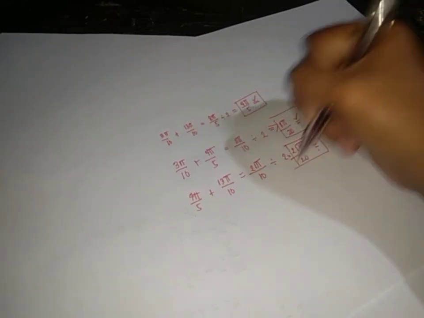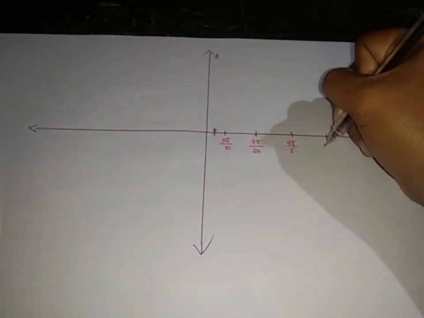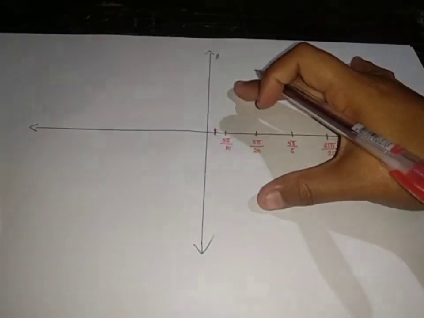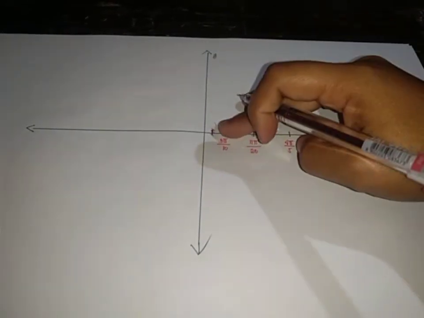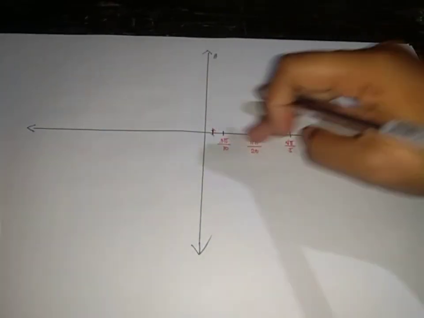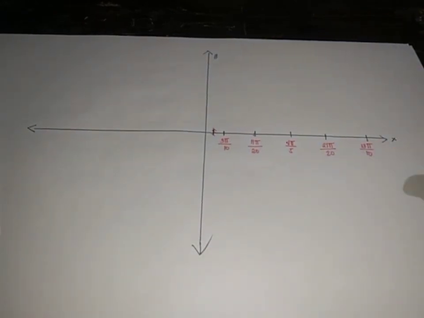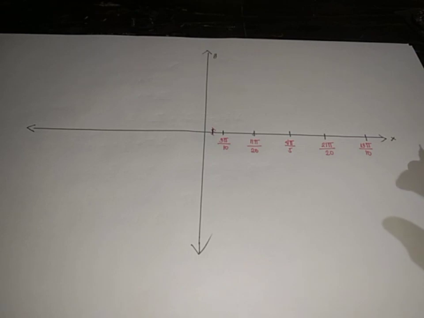That's our last point. So we have 21 pi over 20. So our points are complete.